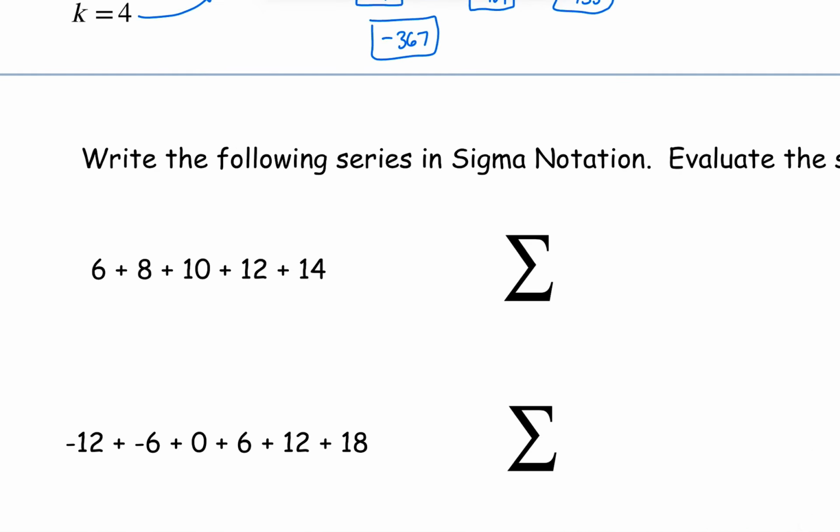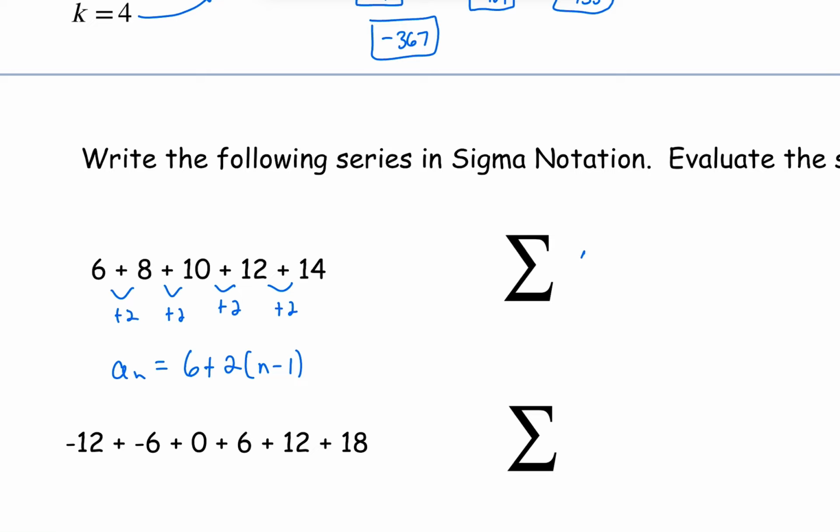Okay, what if we're going the other way? Can you write it in sigma notation given an arithmetic series? Well, this one looks like it's going up by 2. And the first term is 6. So if I were to write a formula for this, it'd be 6 plus 2 times n minus 1.